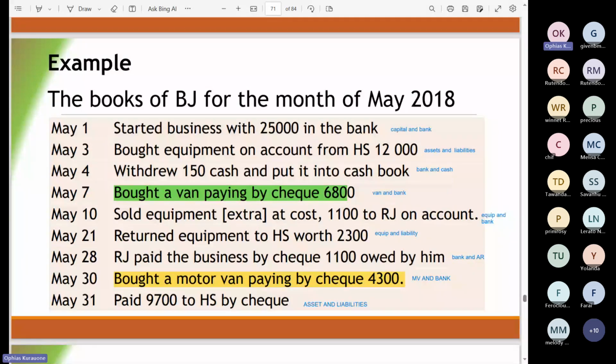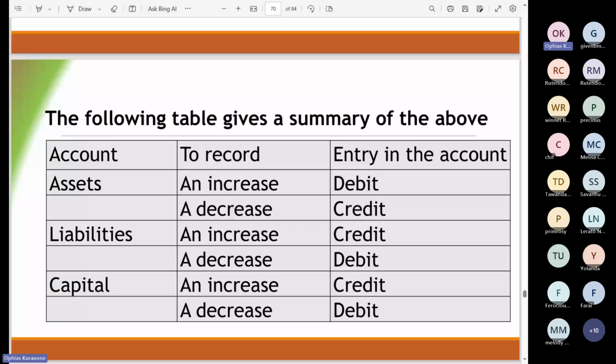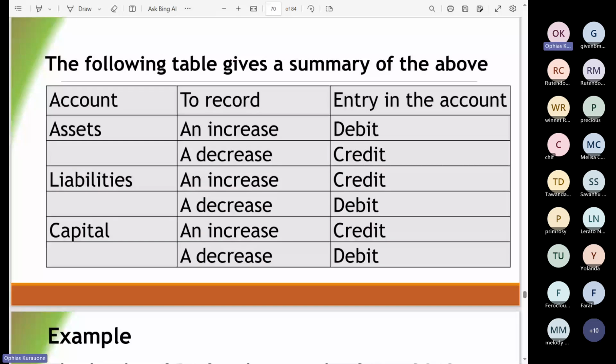Then you should go back and recall: if it is an asset and it receives, you increase it; if it gives, you credit it. If it is a liability and it increases, you credit it; you debit it if it decreases, like what we said.